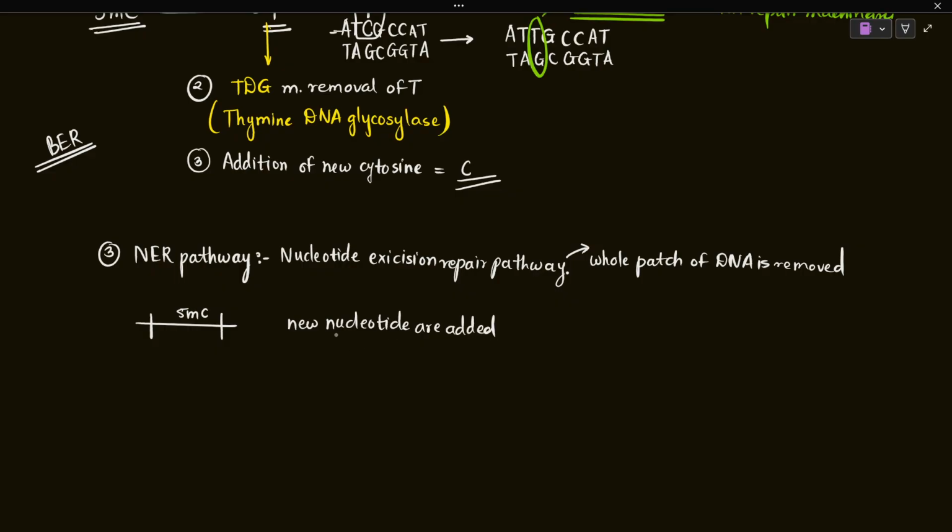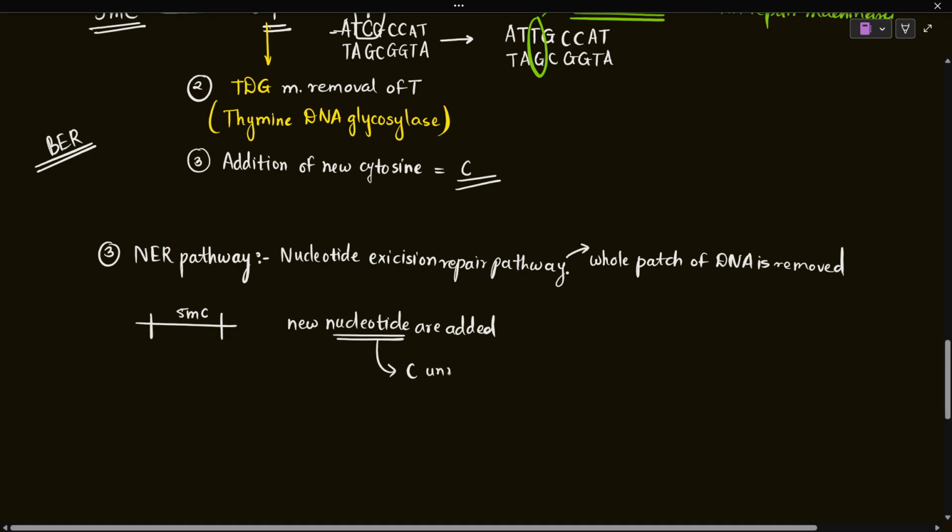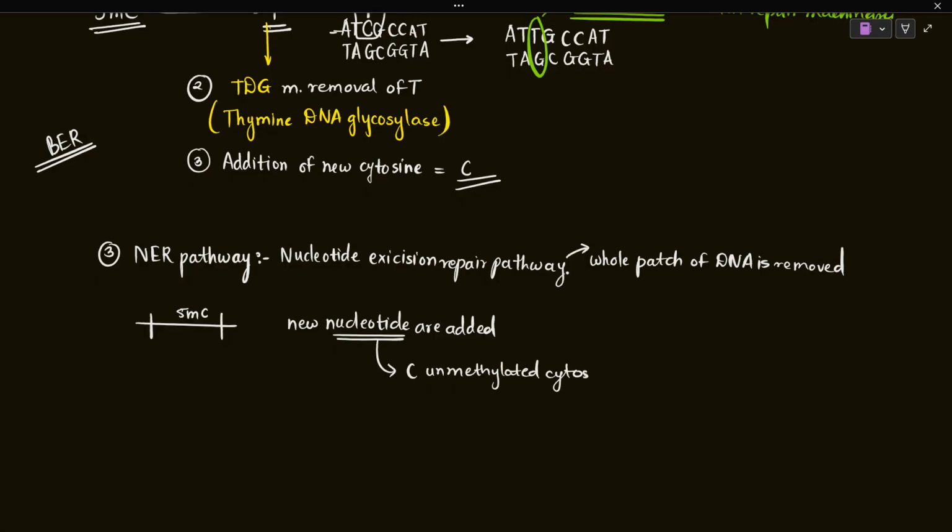Those nucleotides will be unmethylated cytosines, right? This is how the nucleotide excision repair pathway works. First, the whole patch of DNA is removed, and then new nucleotides are added. This is how the methylation mark is removed.